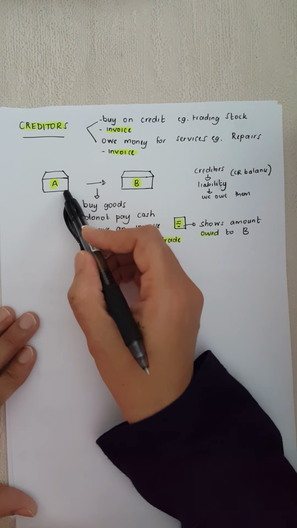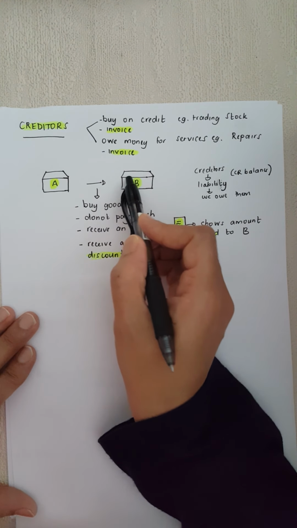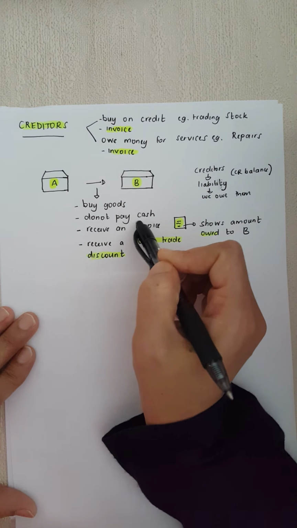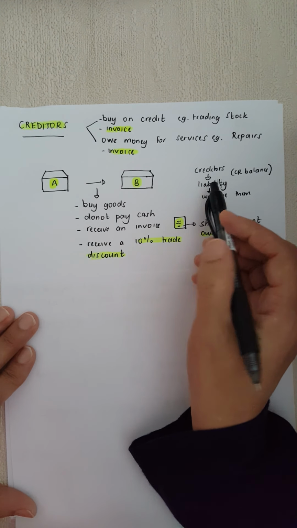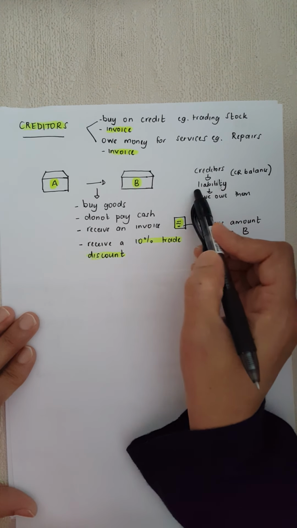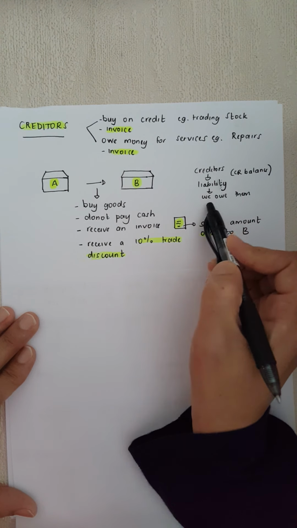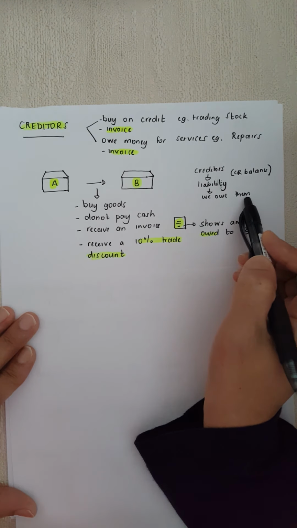So we are buying some goods on credit, which means that we have a creditor. We have to create a liability and we are owing them the money.